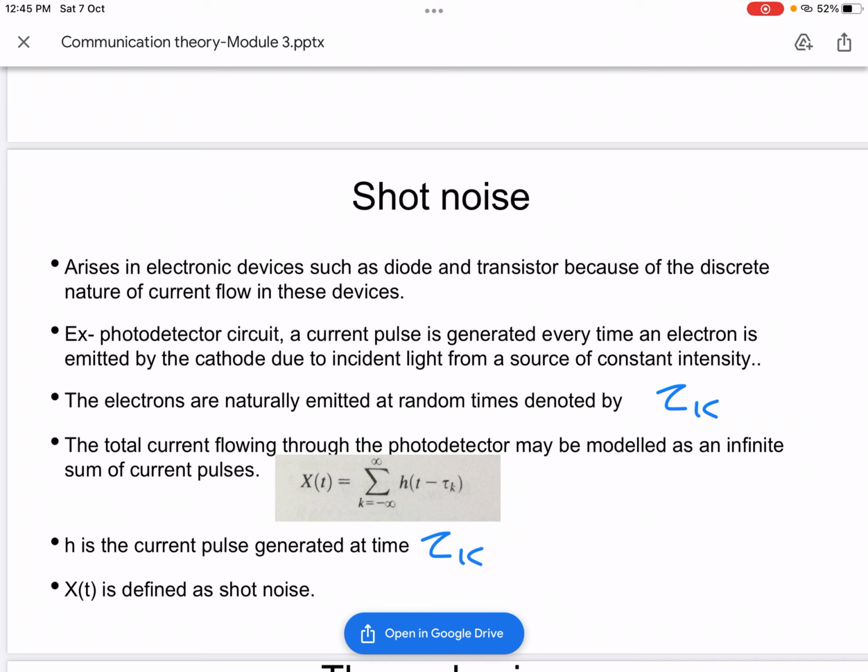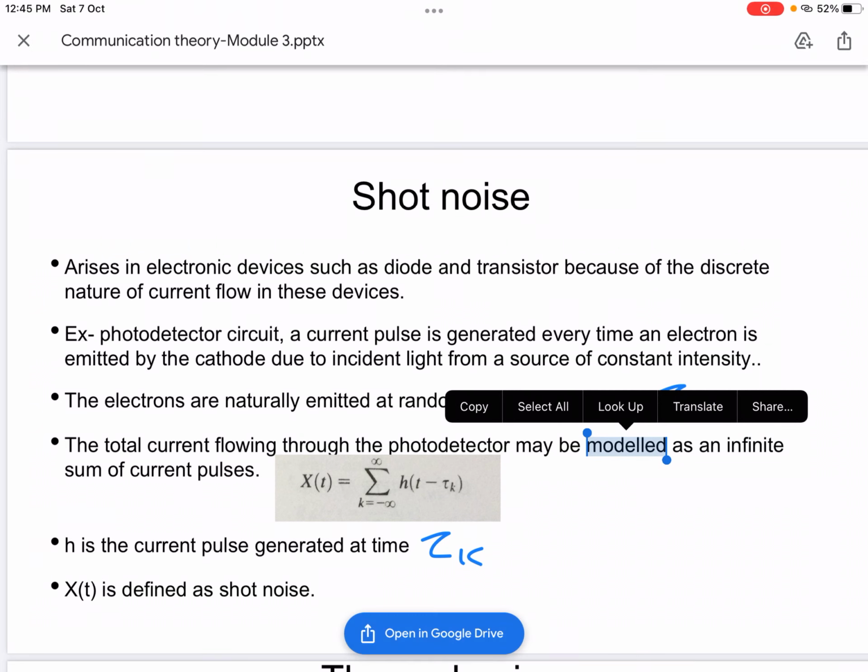So we can have a graph of N of t with respect to t, and the mean value of the number of electrons, let it be v, emitted between the time intervals t and t naught is given by E of v is equal to lambda times t naught. Lambda is a constant and is called the rate of the process.